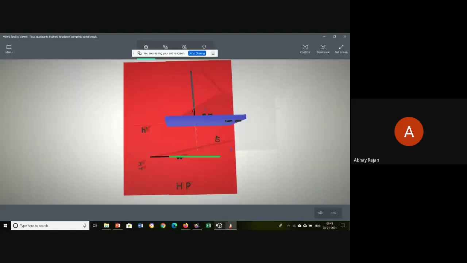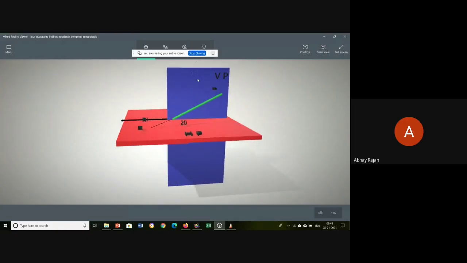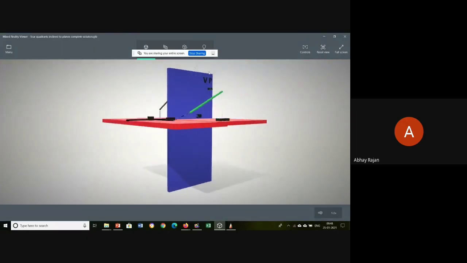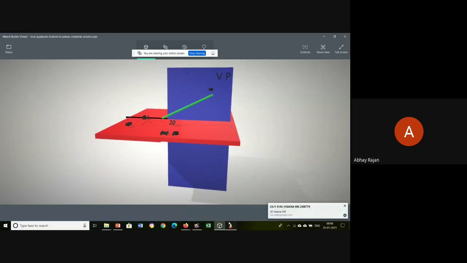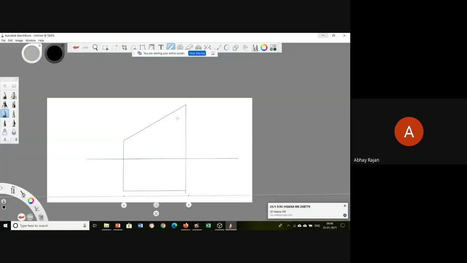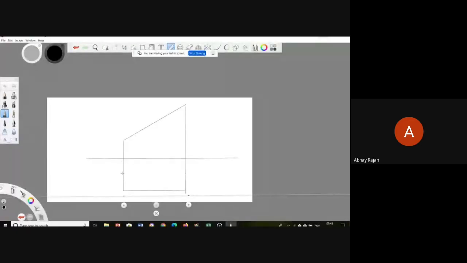So you have seen the visualization also, how the line will be on this plane on the VP and HP, and you have also seen how to draw this solution. So this is the solution which we have drawn. Actually, see this, why this came in the downwards, because we have to rotate the plane, right?